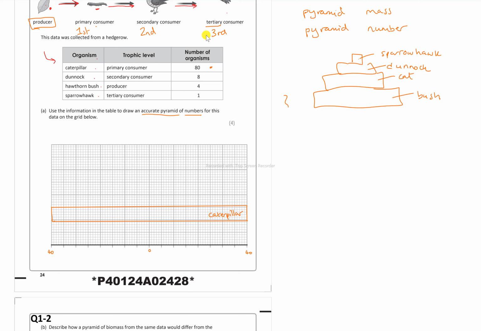Right, now I can move on to the next one. I can do 8. So if that is 0, I need to go 4 this way. I can go up to there. I can draw this freehand because it's short enough. Yeah. So you've got Dunnock.